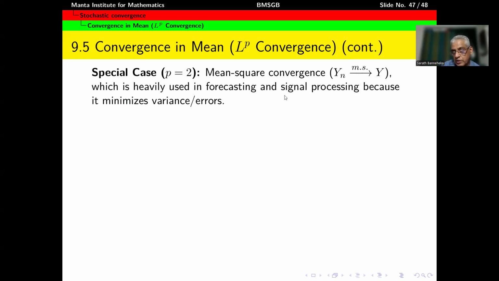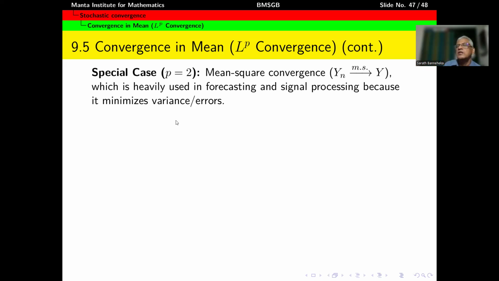So you try to see whether the expected value of Yn minus Y squared, which is actually the variance when unbiasedness is there, otherwise it's called the mean square error, is converging to zero.